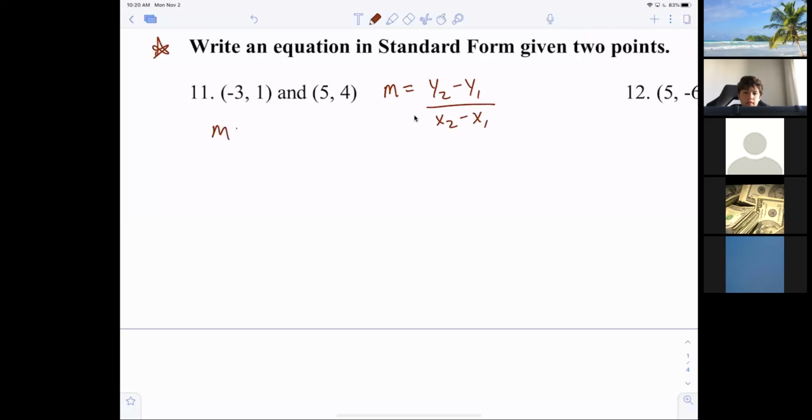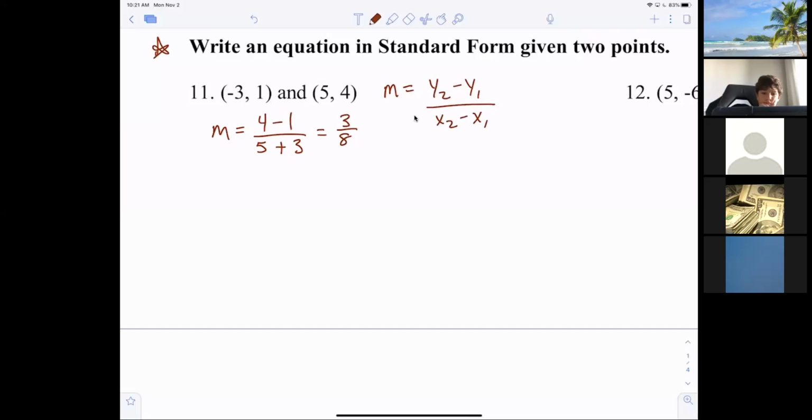The slope is equal to 4 minus 1 over 5 plus 3. 3 over 8. That is the slope. Anybody have any questions with the slope? Alden, Ryan, Jack, anybody? That's calculating the slope. So we're doing this again on this test.